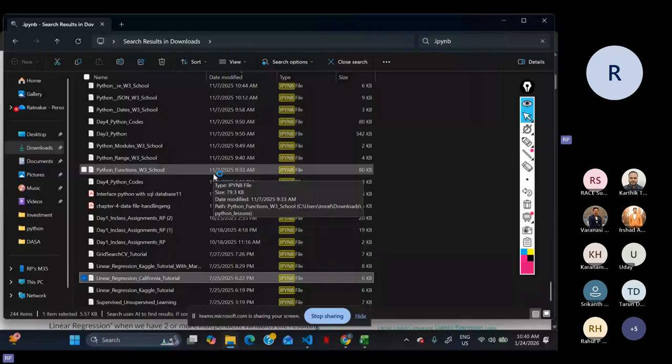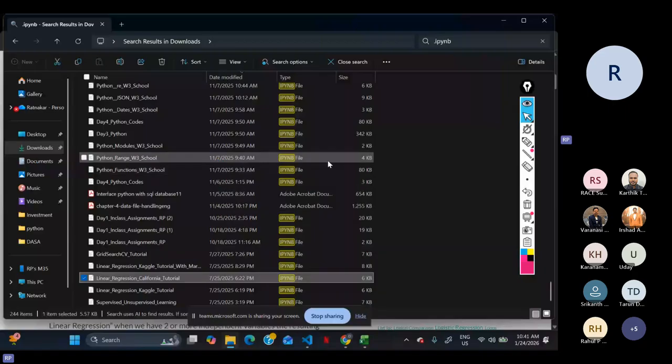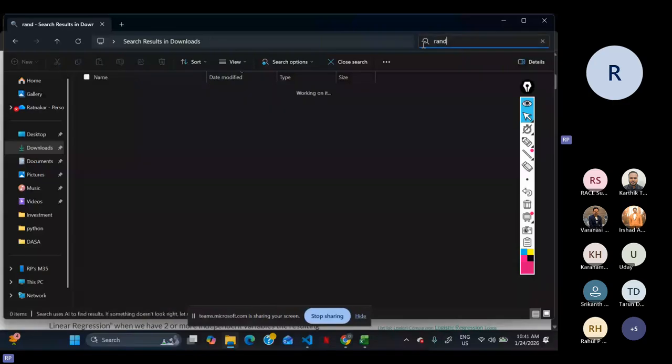This is called the gradient. We need to calculate this gradient, and based on that we can update theta 0 and theta 1. There is a formula to update theta 0 and theta 1. That is all part of gradient descent.